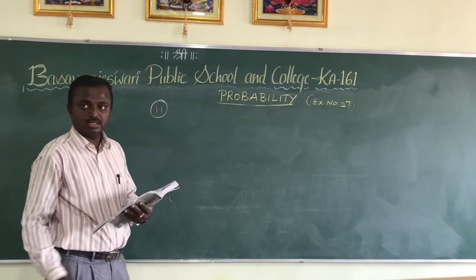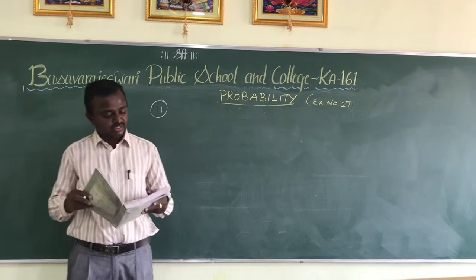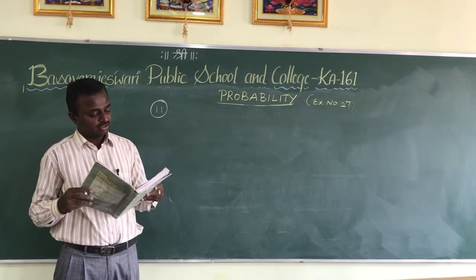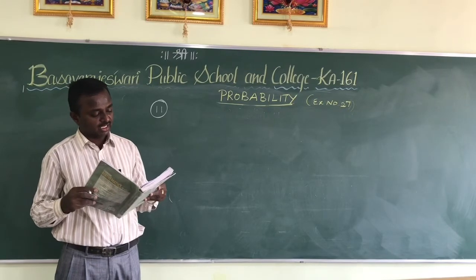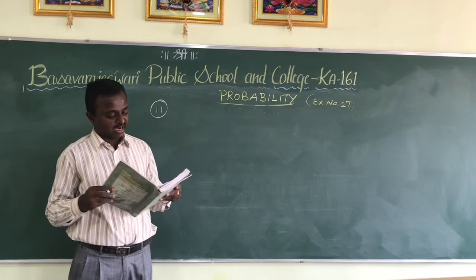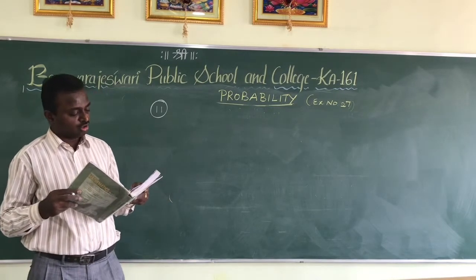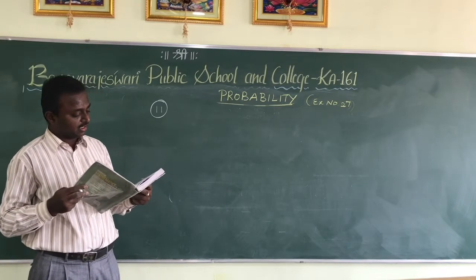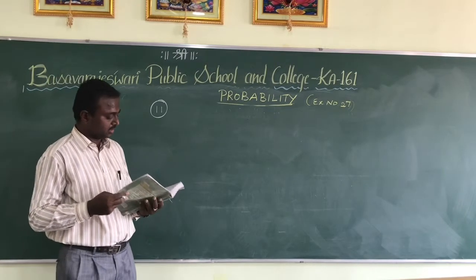Question number 11. So what it says, the question: a bag contains 8 red, 4 white and 3 black balls. One ball is drawn at random. What is the probability that the ball drawn is white, red or white, neither red nor white, not red?